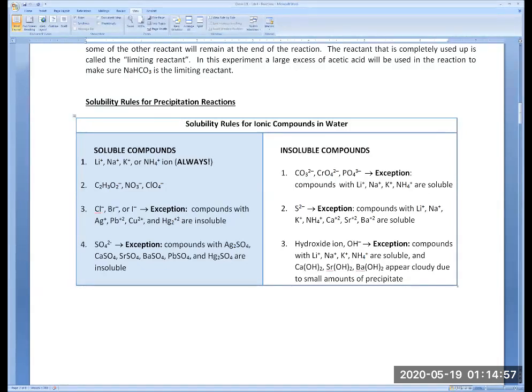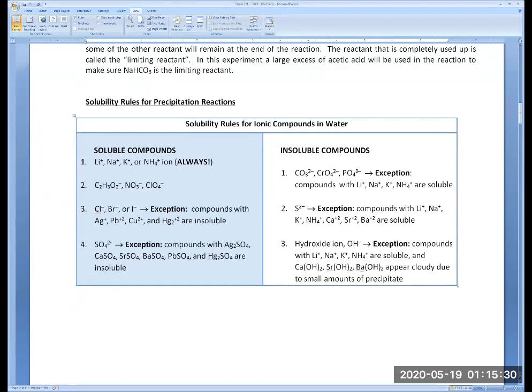So I'm looking for the list of polyatomic ions here, and ClO4 is the perchlorate with 1 negative charge. So when you have either of these 3 anions, so negative ions here, perchlorate, acetate, or nitrate, you will have always a soluble compound.